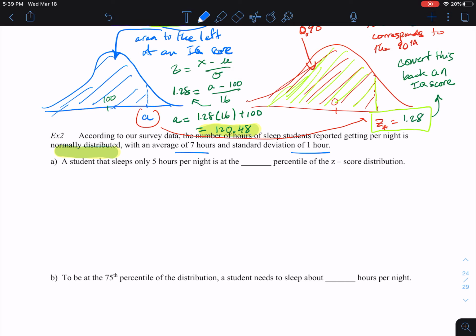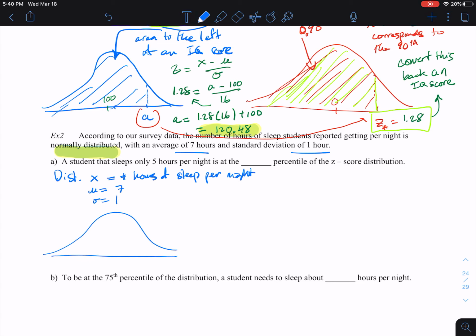So we say that x is the number of hours of sleep students get per night, and then mu is going to be 7, sigma is going to be 1. So if we were to draw that distribution, it looks like this here. And then this is x, so it's somewhat normal, right?